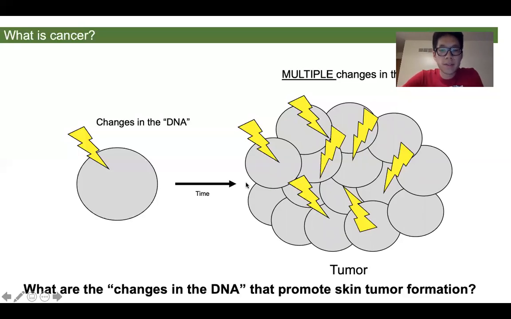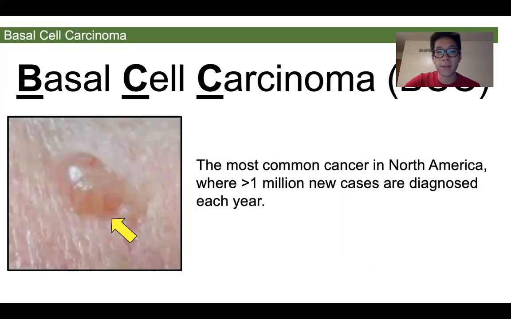So my thesis research project here at the University of Michigan is studying exactly what changes in the DNA promote skin tumor formation. Skin cancer, I'm sure a lot of you are aware of it, and you may know a family member who has been affected by it. The skin cancer I'm particularly interested in studying is called basal cell carcinoma, BCC for short.